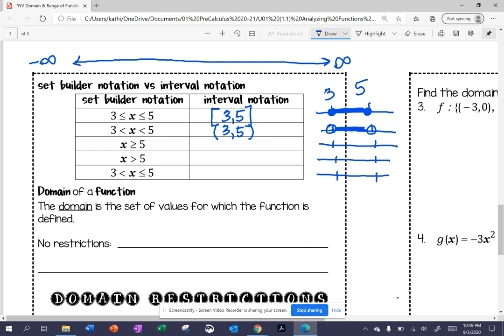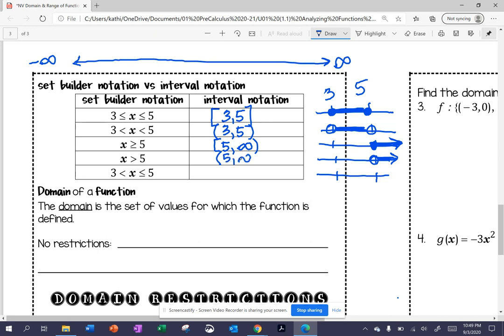If I just want to switch x is greater than or equal to 5 into interval notation, on the number line it looks like this. So I'm starting at 5 and I'm ending at infinity. I'm including 5, so a bracket. Infinity always gets a parentheses. If I'm not including 5, I would use a parentheses.